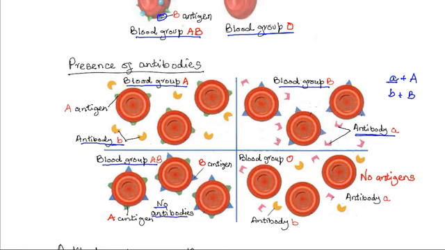They have neither antibody A nor B. While the blood group O that has no antigens on the red blood cells has both antibody A and antibody B in the plasma.